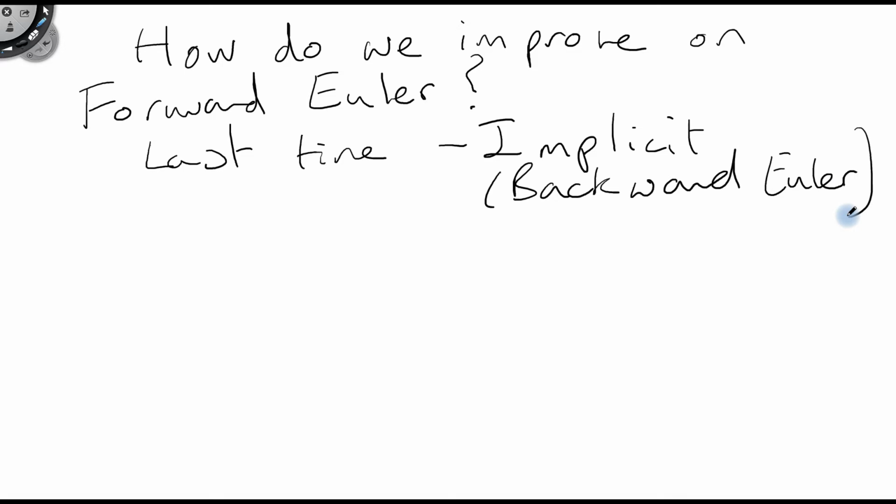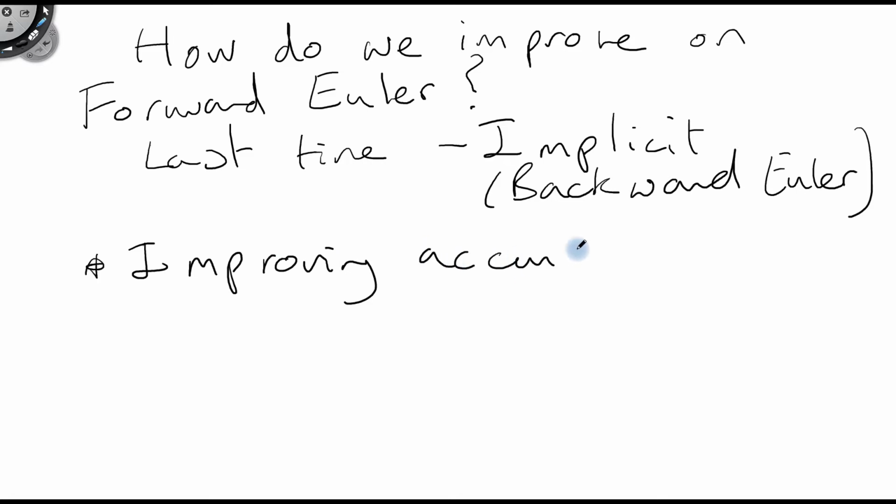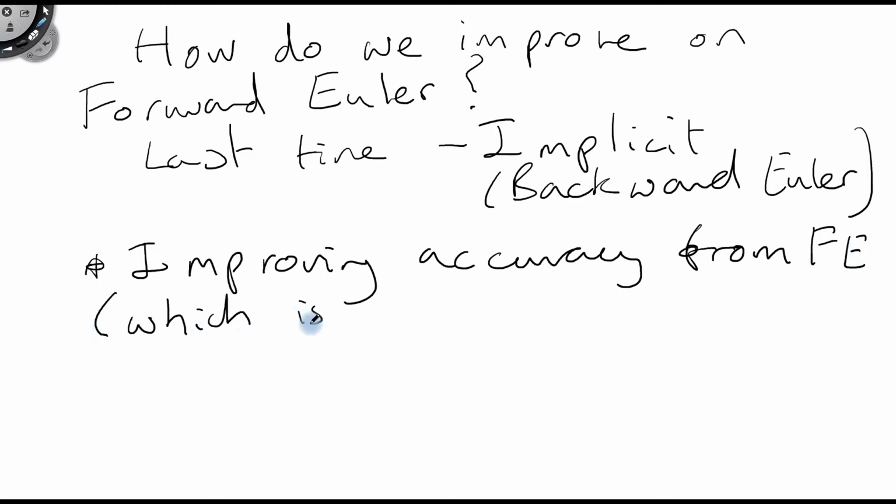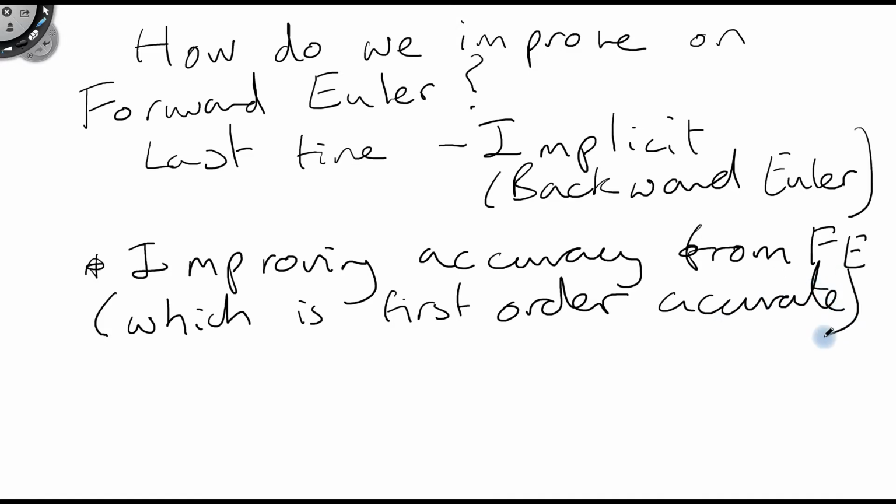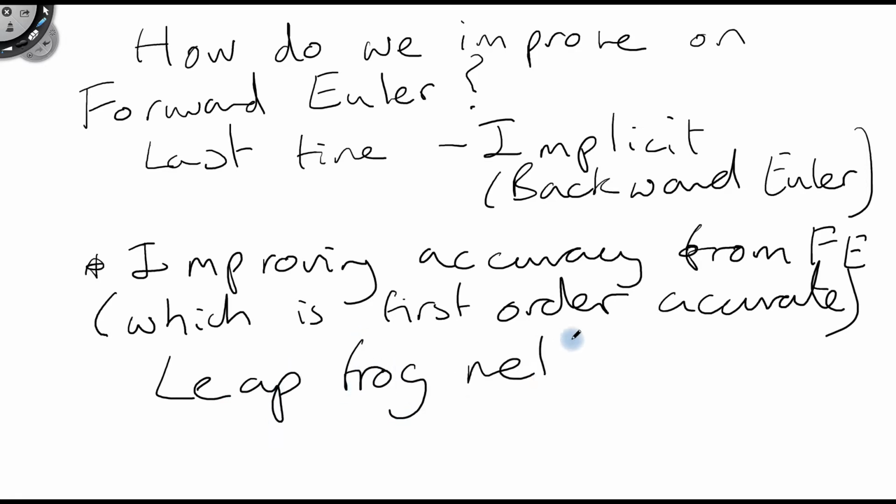Today we're going to look at a method that tries to improve on the accuracy from forward Euler. So remember, forward Euler is first order accurate. There is a method of improving it up to second order accuracy, and this is going to be called the leapfrog method.